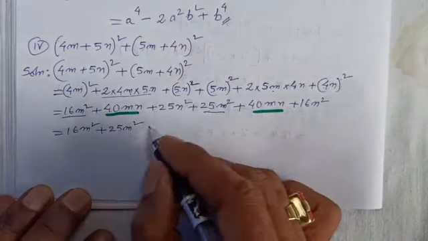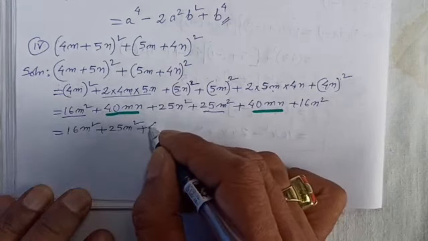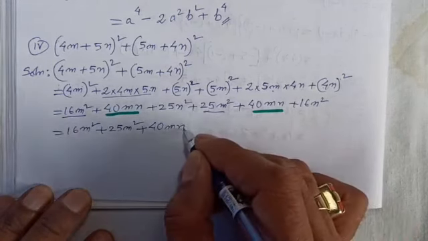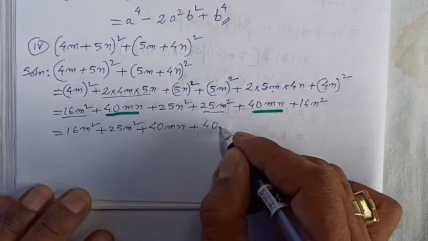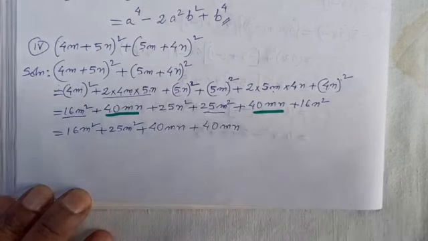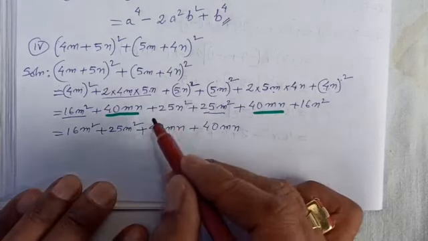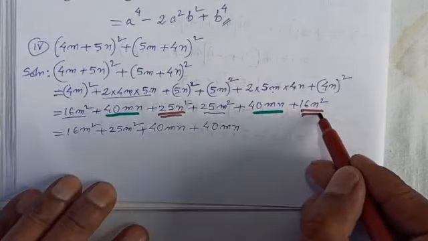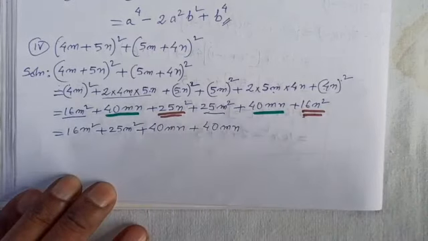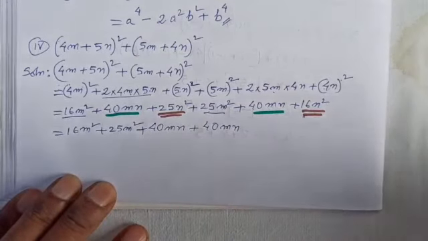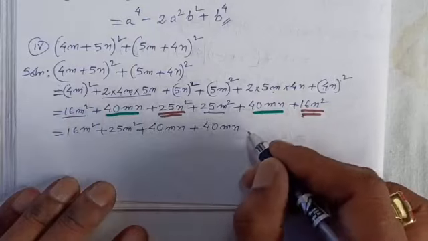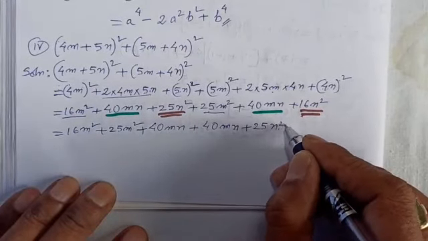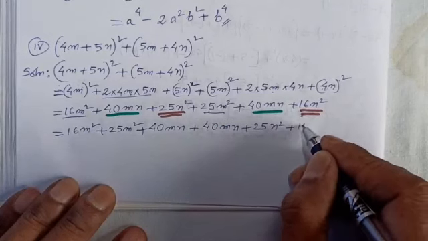Plus sign 40 mn, then this plus 40 mn. Next is this and these are like terms. So let's write this number and this number together. So plus sign 25 n square, then this plus sign 16 n square.